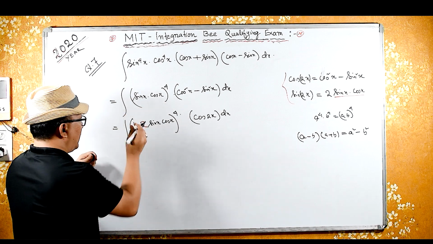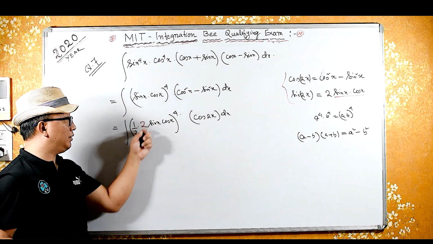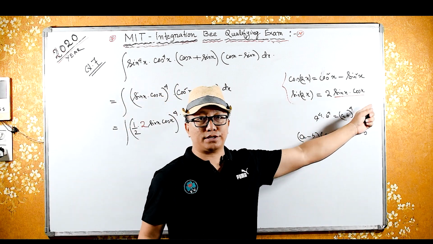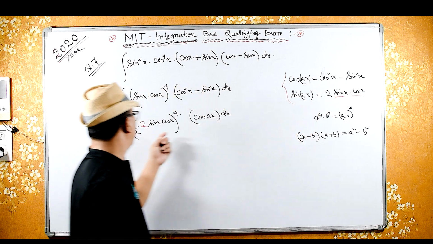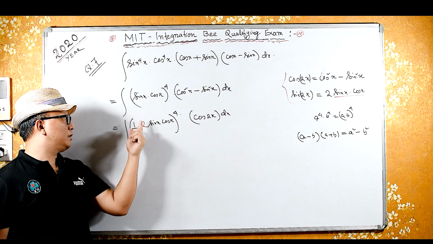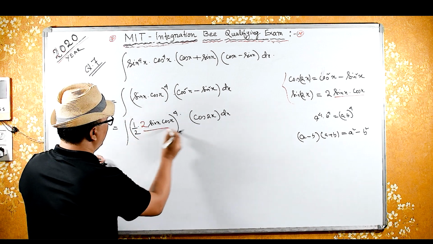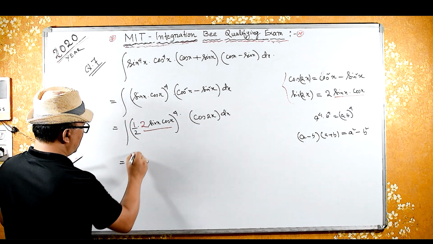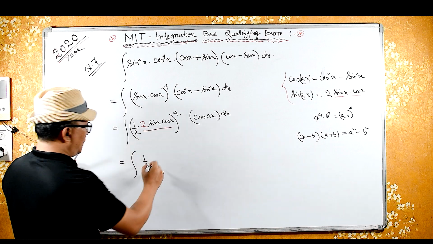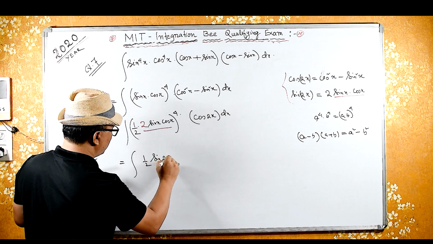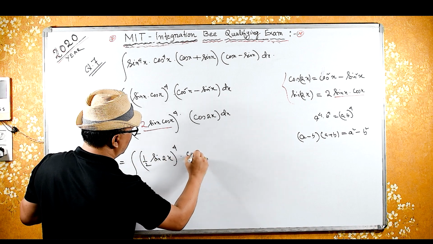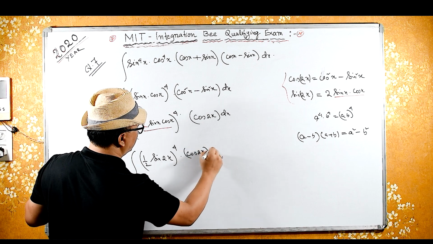What I'm doing is multiplying and cancelling with 2. Why am I doing this? Because I need to apply sin 2x is 2 sin x into cos x, and for that I need 2 over here. This 2 is a requirement, and I am cancelling it with this 2. Therefore, the whole thing becomes half, inside the 4. It is sine of twice x raised to 4 into cos of twice x into dx.